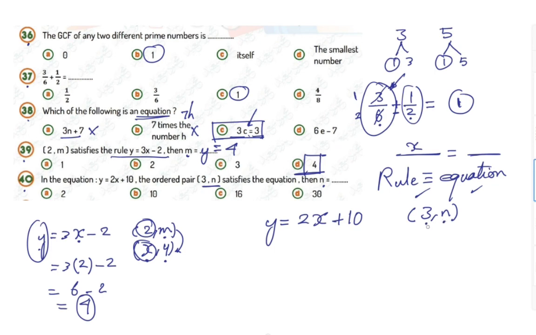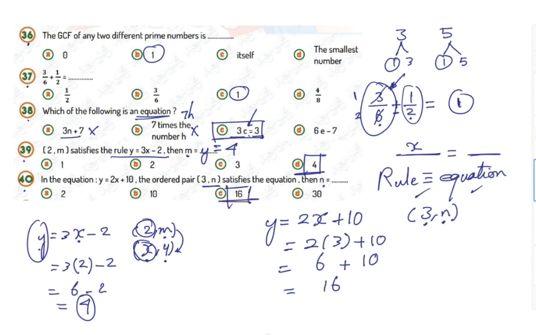I will substitute x as 3 to find y as n. Note with me, that's 2 times 3 plus 10, which is 6 added to 10. That equals 16.